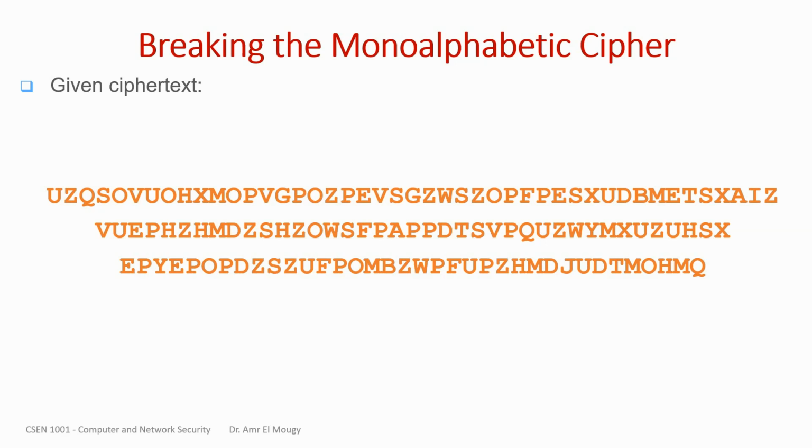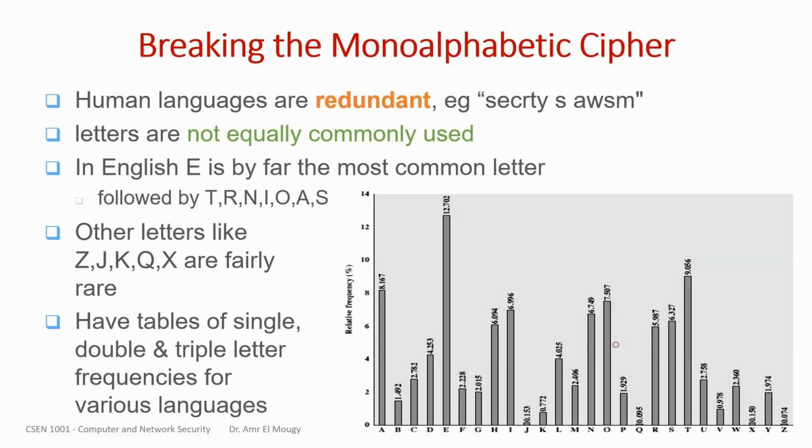Okay, so the answer to this question is, if you take a look at this ciphertext, you will notice that there are some letters that are repeated more than others. For example, if you take the letter U, this letter is repeated many more times than the others. What happens is that in the English language, the words have stable structure, and there are letters of the alphabet that are repeated more than others.